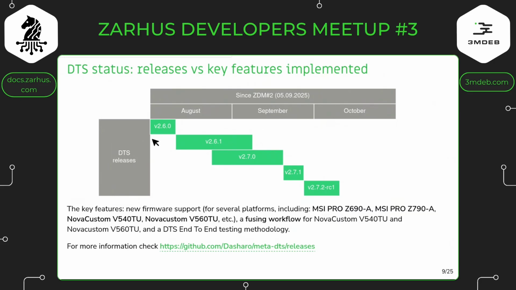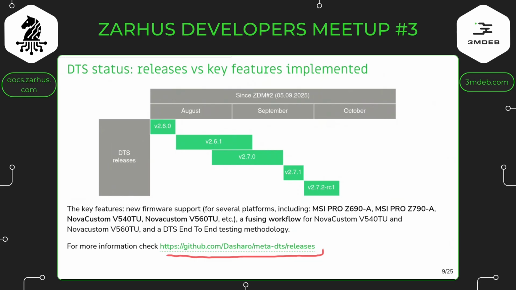As you can see, we had quite a lot of releases lately that added a lot of new features, and more importantly, a lot of new features for some of the platforms. There is really a lot to discuss. I recommend you check the releases page and follow the releases to be up to date about the test releases.